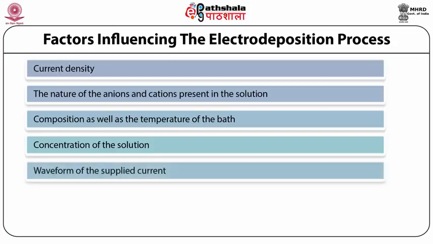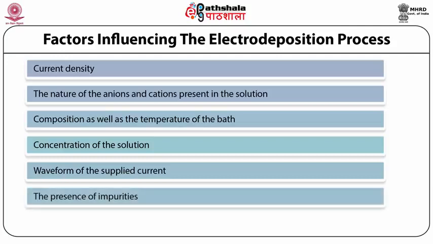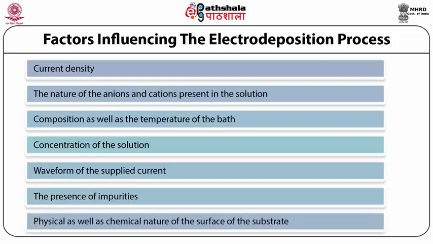Then the waveform of the supplied current. Also, the presence of impurities strongly influence the electrodeposition process. Physical as well as chemical nature of the surface of substrate is a major factor which influences the electrodeposition process.